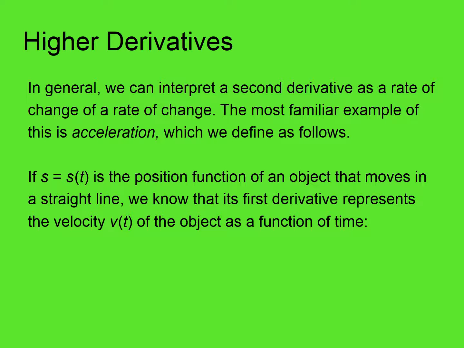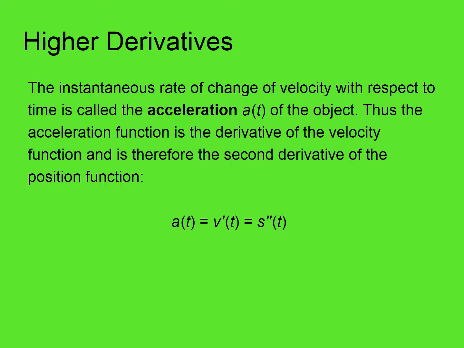s equals s of t. So we've got a position function s of an object that moves in a straight line. We know that its first derivative represents the velocity v of t of the object as a function of time, right? Velocity is the derivative of position.